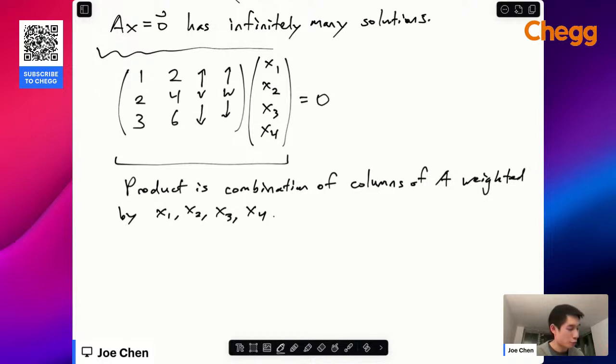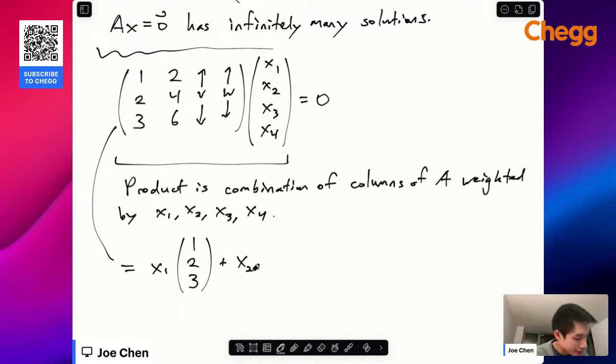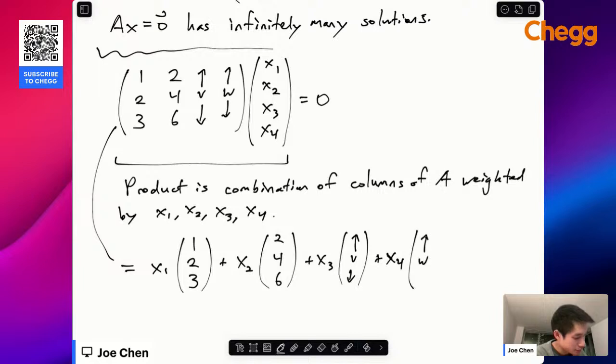More specifically, this is equal to x1 times the vector 1, 2, 3, plus x2 times the vector 2, 4, 6, plus x3 times v, whatever these numbers are, plus x4 times w.